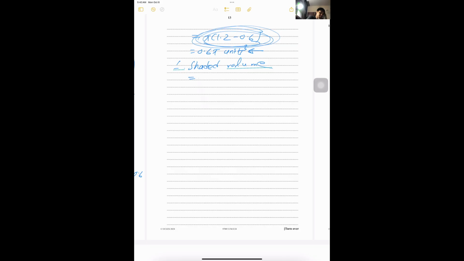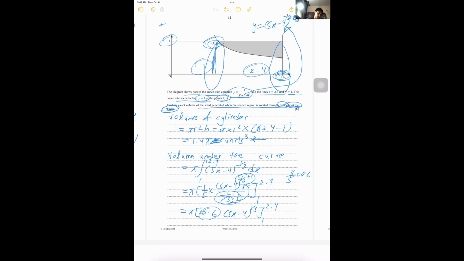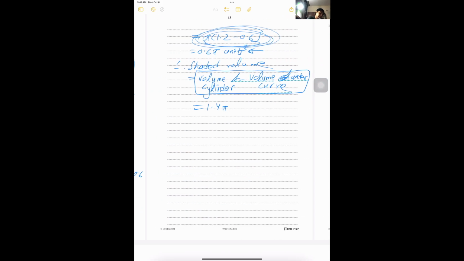So it's the volume of cylinder, describe this, definitely describe this, minus volume under the curve, always describe this, there are marks for this, you know. So 1.4 pi. One mistake, this is 1.4. Wait.